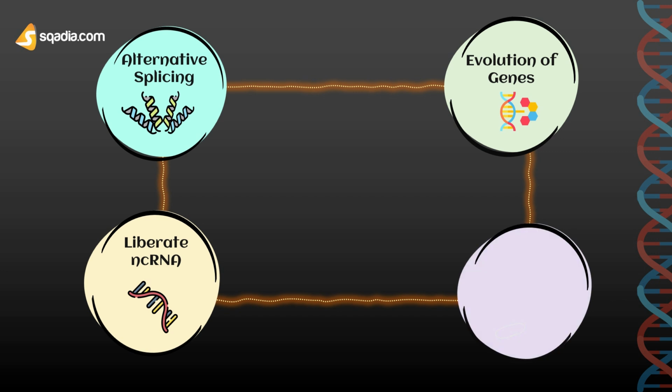Non-coding RNA functions to regulate gene expression at the transcriptional and post-transcriptional level. Introns can also regulate transcription. For example, intronic sequences in the DNA frequently harbour cis-regulatory elements, such as enhancers and silencers, that upregulate or downregulate transcription, respectively. Let's discuss them one by one in detail.